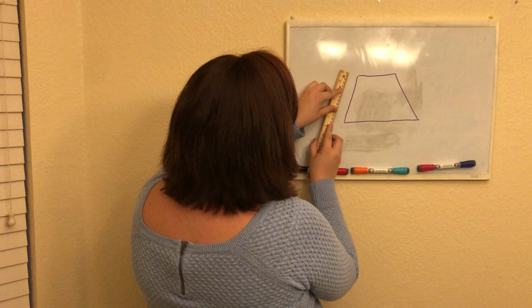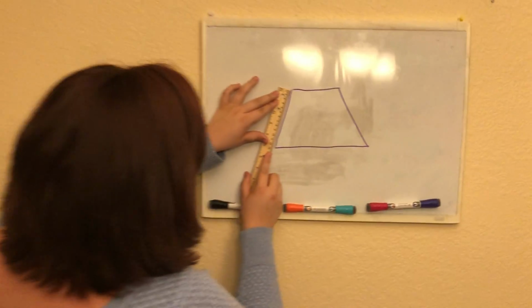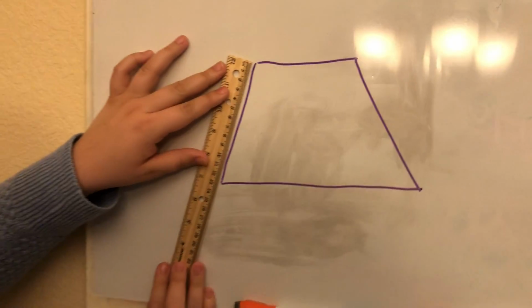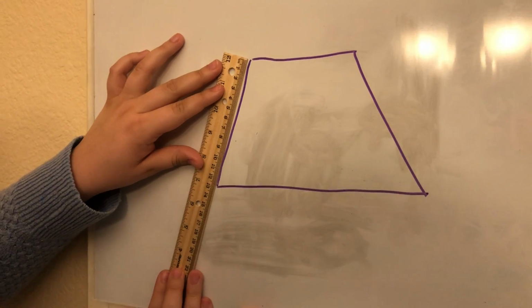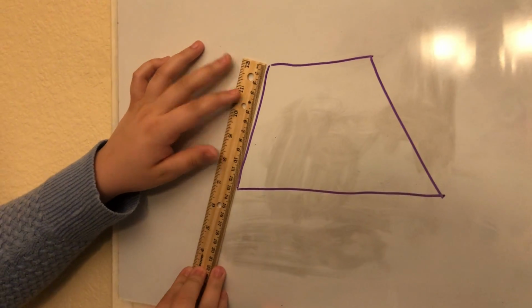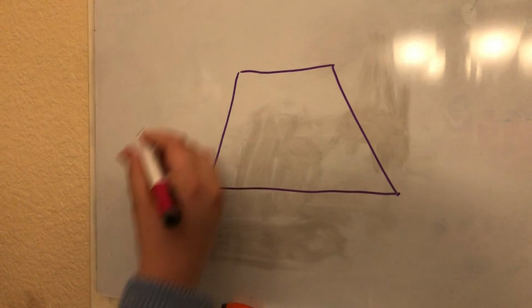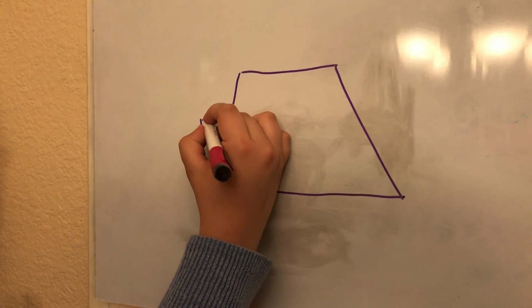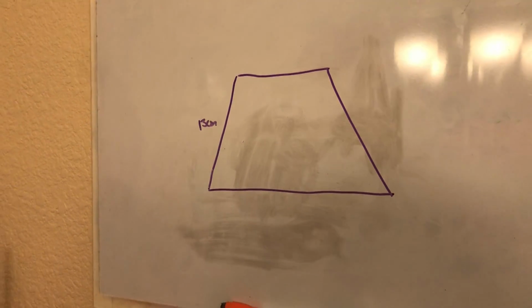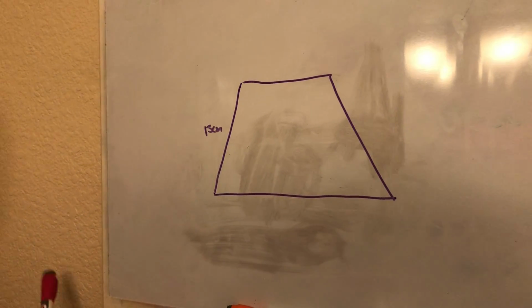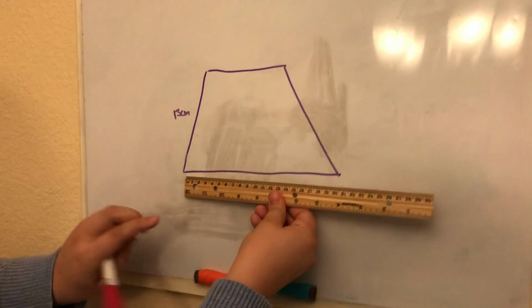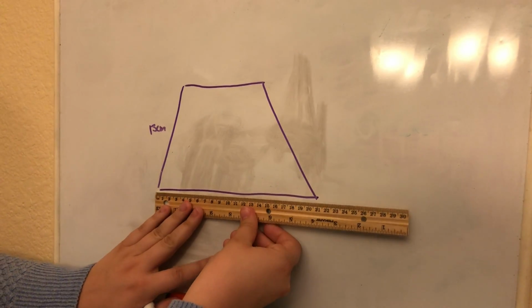So, let's see. This trapezoid seems to be close to 13 centimeters on this side. So we're gonna write 13 CM, because CM stands for centimeters. Then we're gonna measure this side.